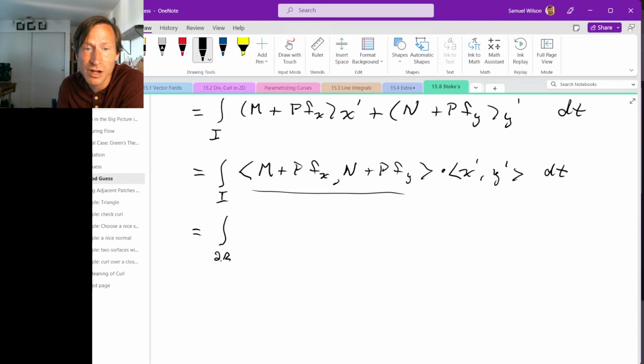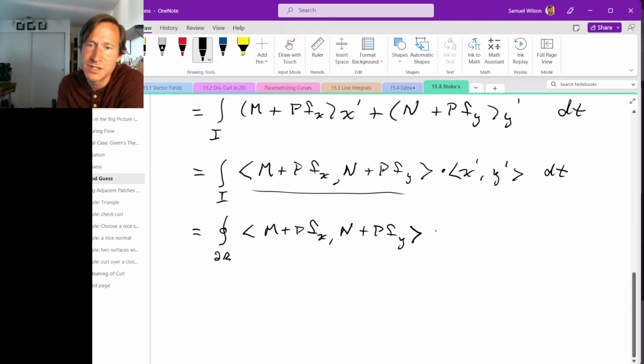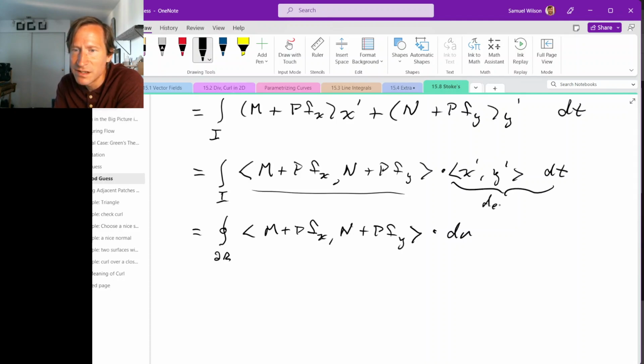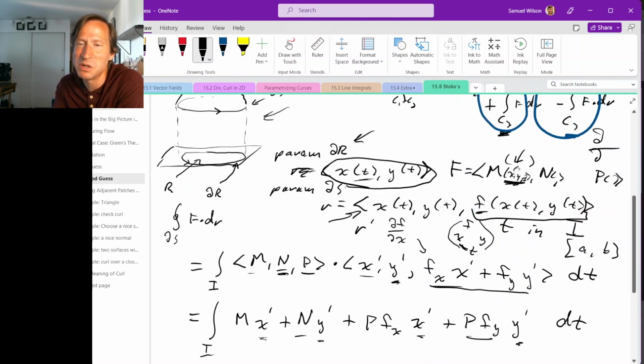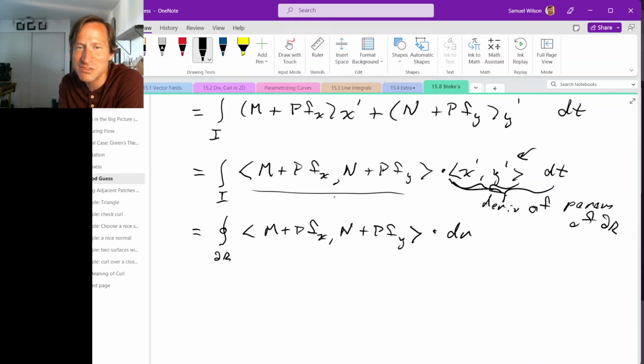So now this is the integral around the boundary of R of the vector field m plus p f sub x, comma, n plus p f sub y, dot dr. And this is because this right here, x prime y prime, is the derivative of the parameterization of the boundary of R. The parameterization of the boundary of R was just x comma y, and the derivative of that is x prime y prime, and that's why this single variable integral is actually the same as the line integral around the boundary of R.